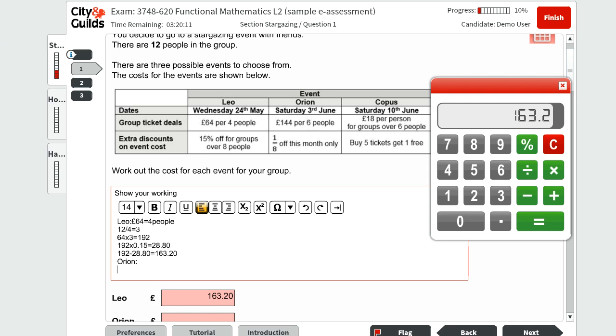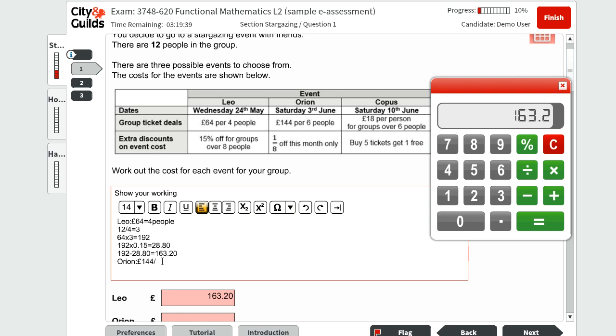And we have a cost of 144 for 6 people. You can skip the bit where you put 144 equals 6 people, or you can go ahead and continue so. Again, for division you can use either the forward slash sign, or you can use the one from here, whichever you find easier.